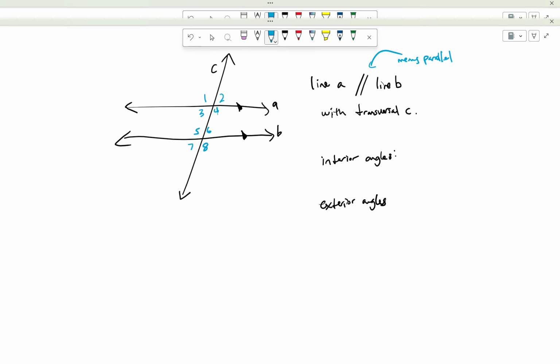All right. So our interior angles are what is inside or in between the two parallels. I have 8 angles total. 4 are going to be interior, 4 are going to be exterior. Oh, quick question.